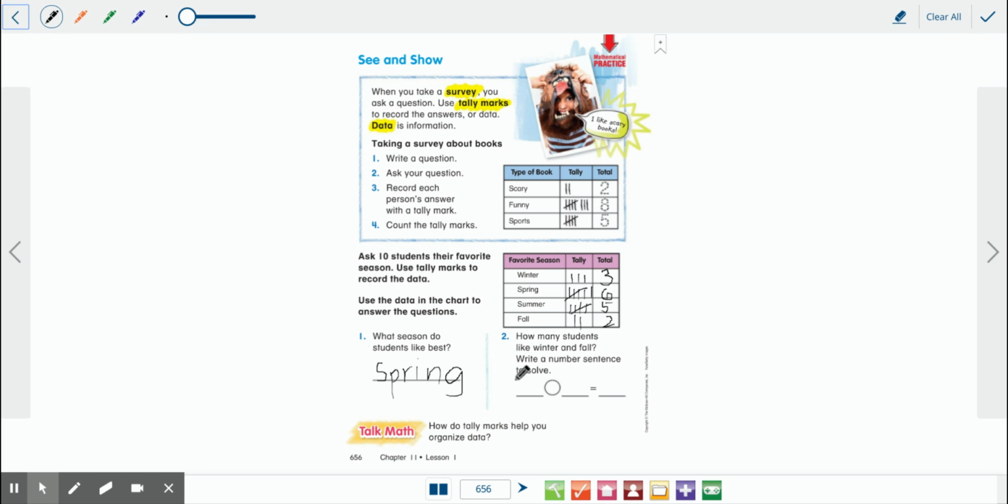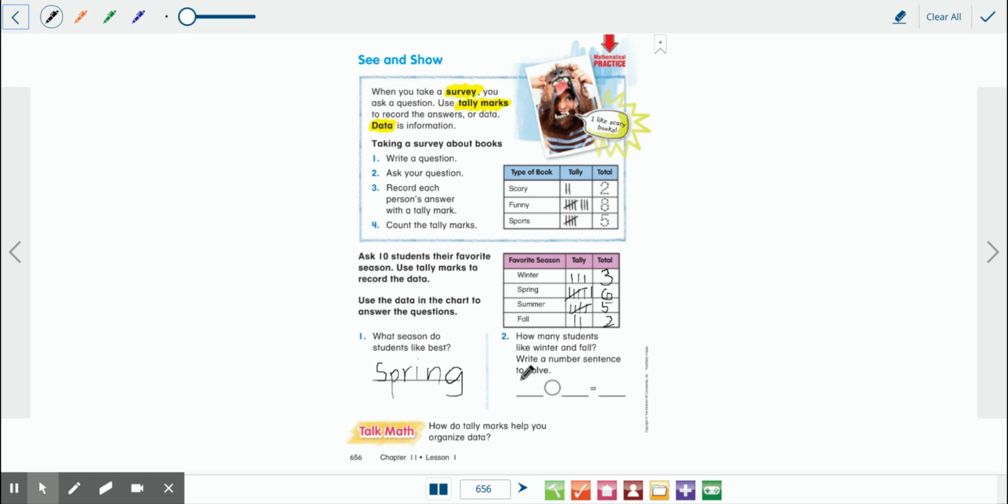And then if I look at number 2, how many students like winter and fall? So I have 3 in winter and 2 in fall. And they want to know how many in all. Are you going to add or subtract? We know the words in all tell us we're going to add.